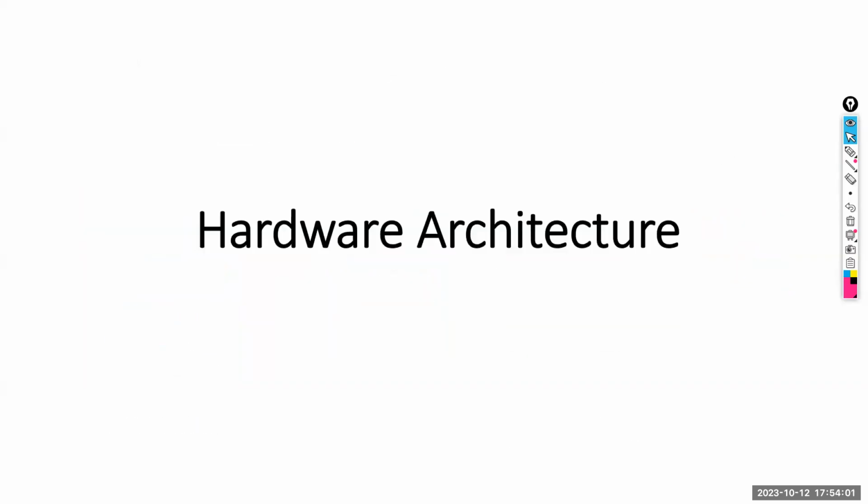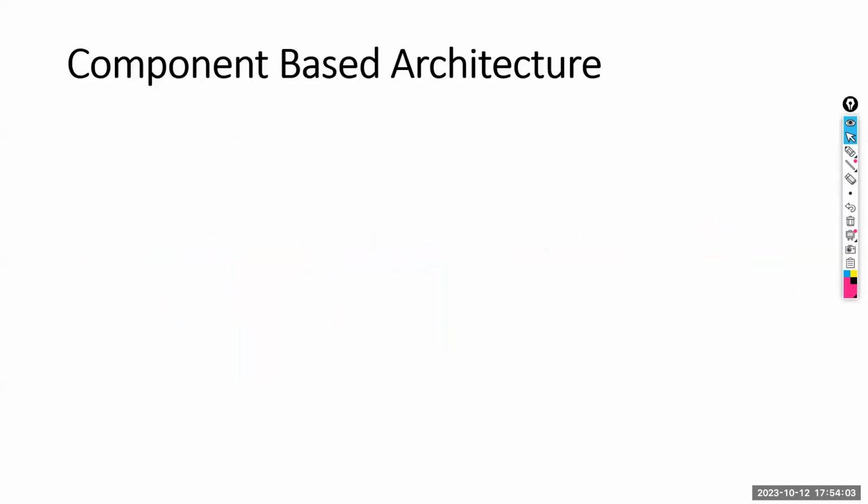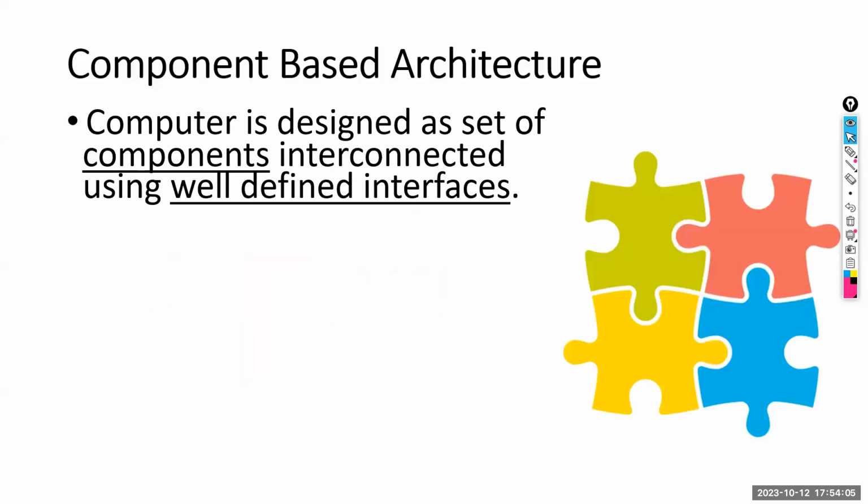Right. So this part we have already discussed, so I just added it again here. Remember, the computer hardware uses the component architecture. We have already covered this on the second day, in the introduction to computer. I just added the same slides again because it's so important.